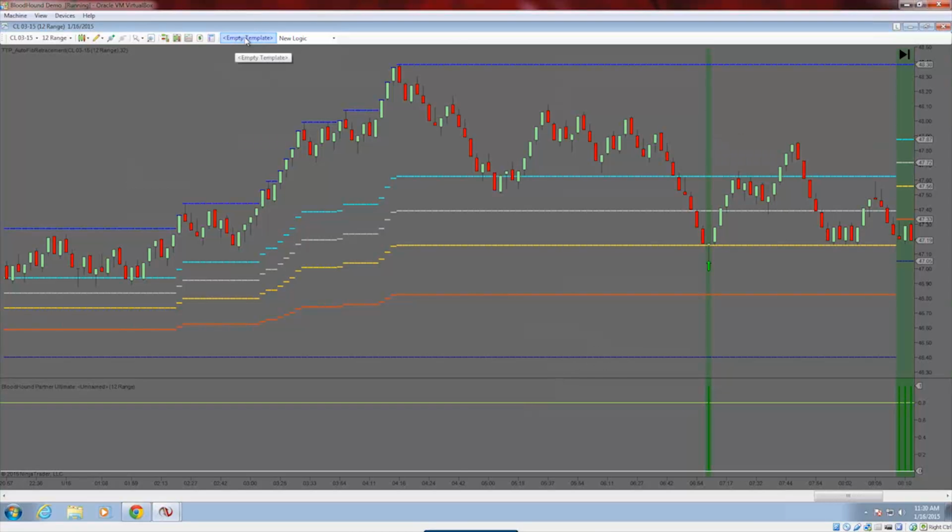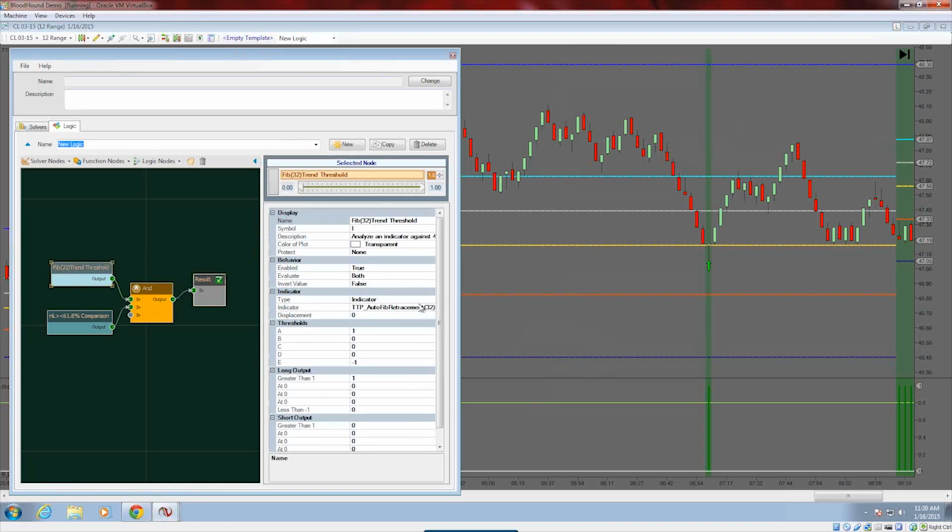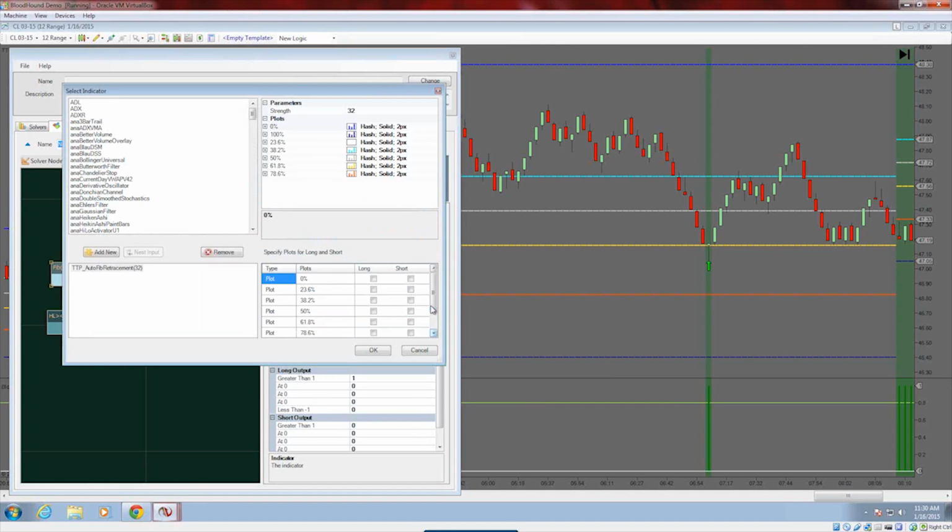That's why, when I add this indicator, there's a data series down here at the bottom named trend. It gives me a positive 1 value when the trend is up, when the 0 is above the 100, and a value of negative 1 when the trend is down, when the 0 is below the 100.